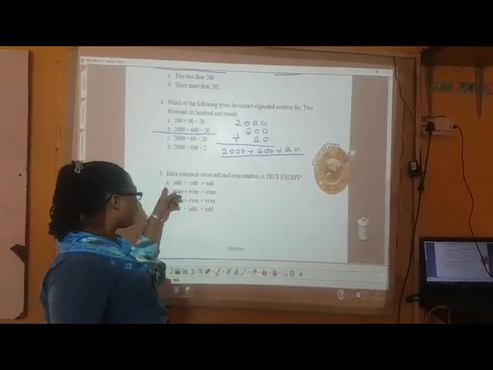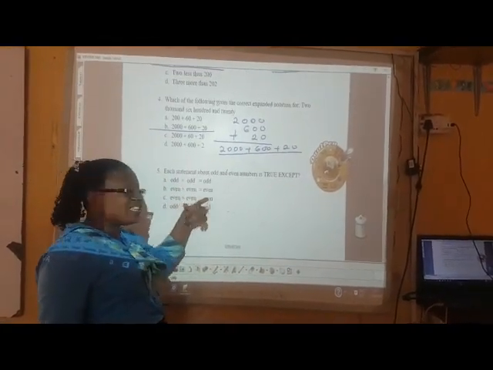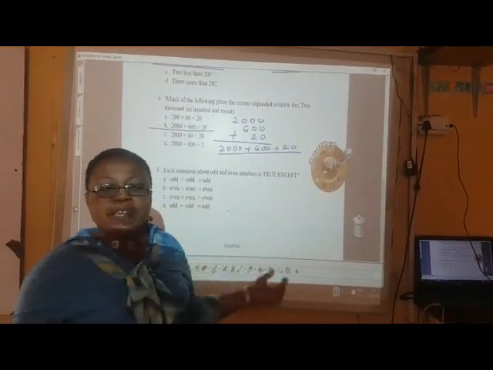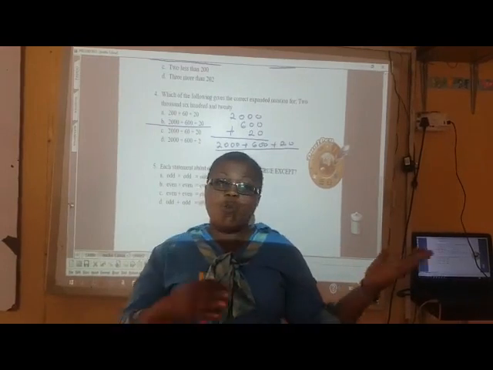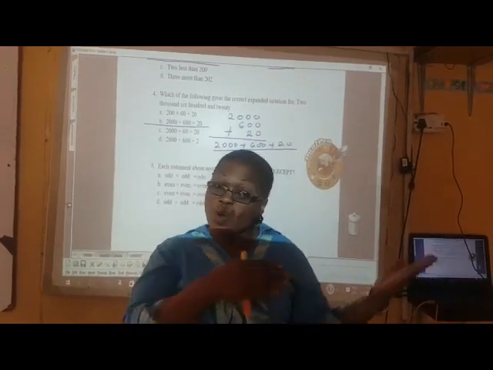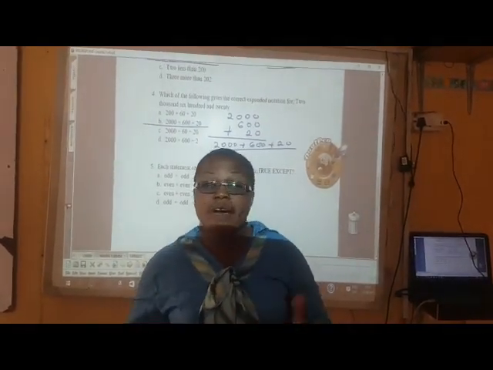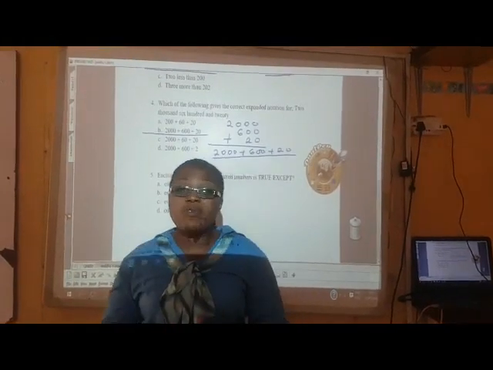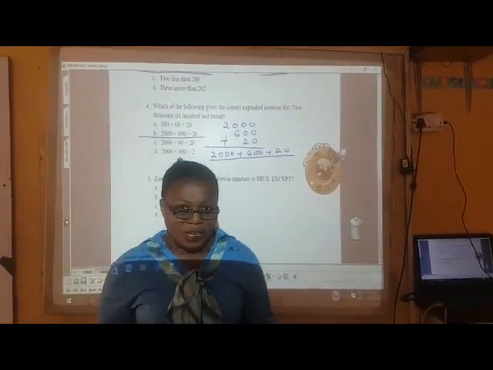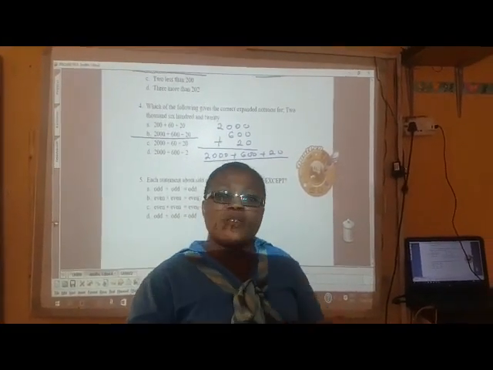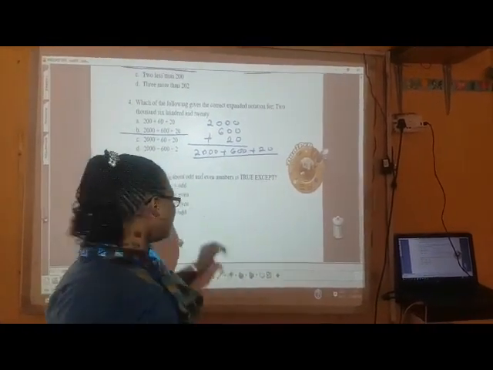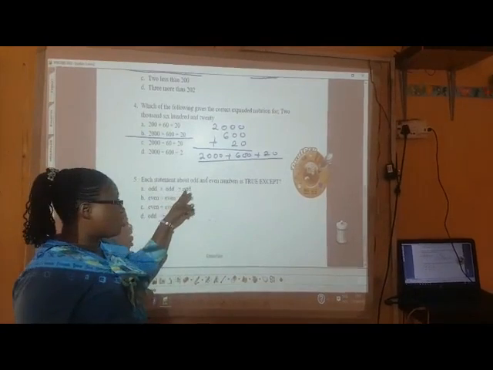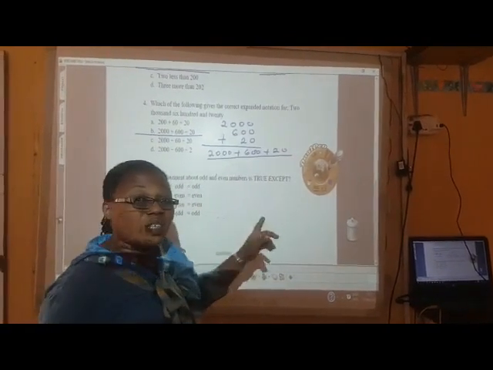The first one, odd times odd is equal to odd. Let's pick 1 and 3. 1 is an odd number, 3 is also an odd number. 1 times 3 will give us 3, and that 3 is an odd number.